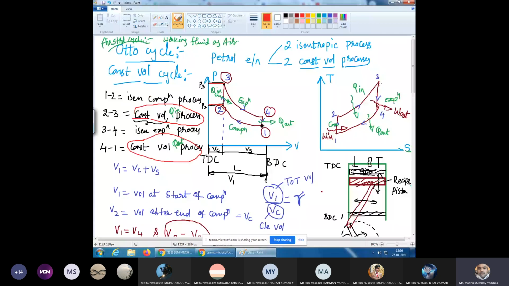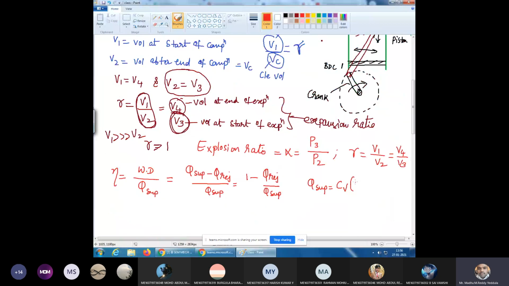Cv into delta T, where delta T is T3 minus T2. This is the heat supplied. The heat rejection process is from 4 to 1, so T4 minus T1, also at constant volume. Therefore, Cv into T4 minus T1.